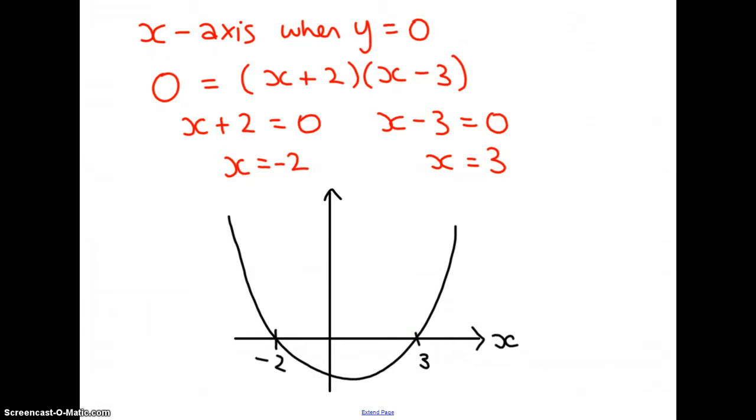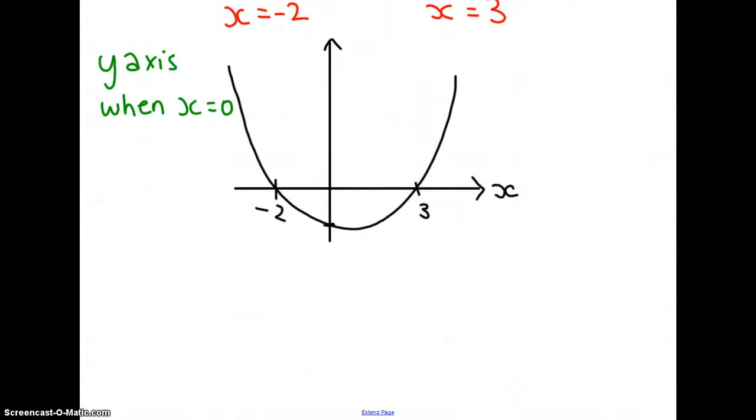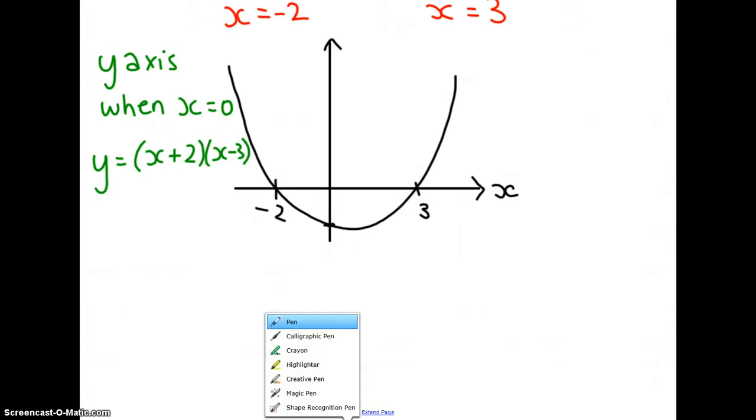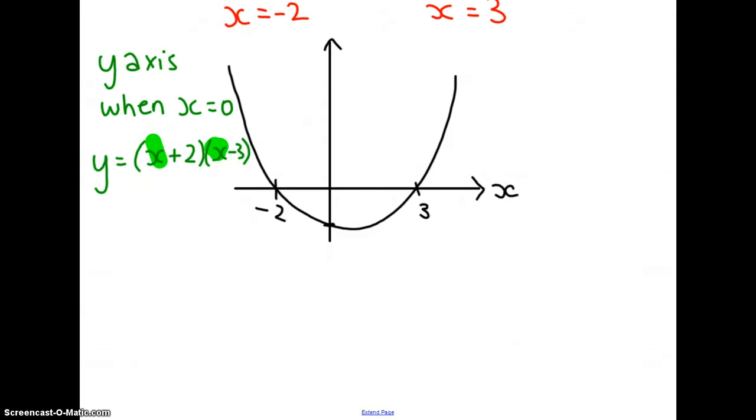Then I also need to know where it crosses the y-axis. Well, I can say that it crosses the y-axis when x equals 0. And what I would do with this is, I would look at my original equation, which was y equals x plus 2, x minus 3, and I would just say, what happens if I make both of these x's zeros?